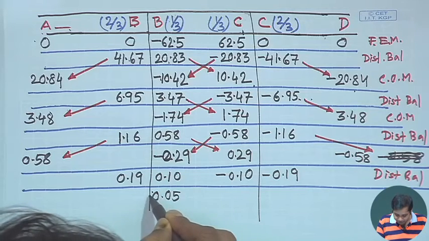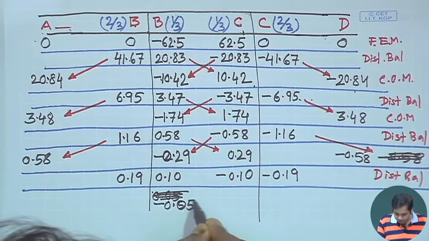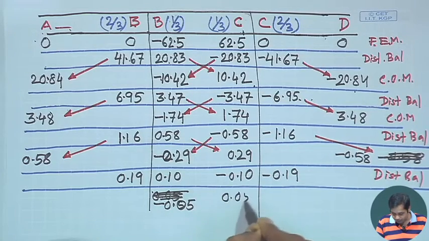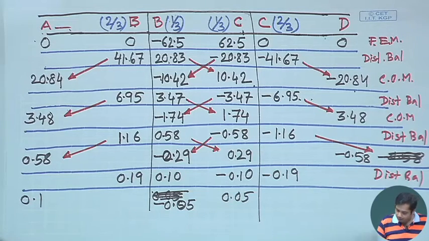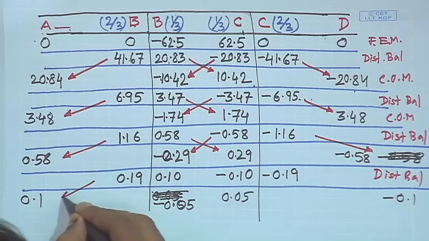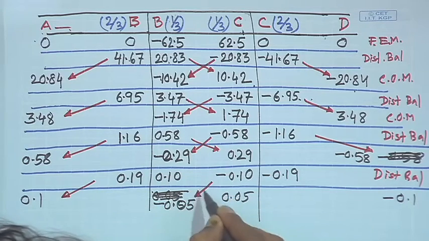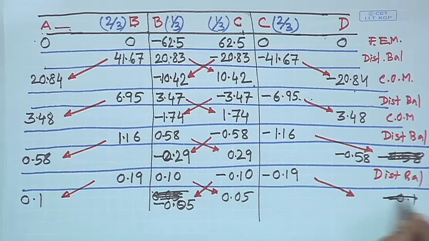This becomes minus 0.05, please correct it, minus 0.05, and this will get 0.05, and this will get half of this, which is 0.1, and this will get minus 0.1. So this is the distributed moment. Write it here, minus 0.1. Okay. These are distributed moments.